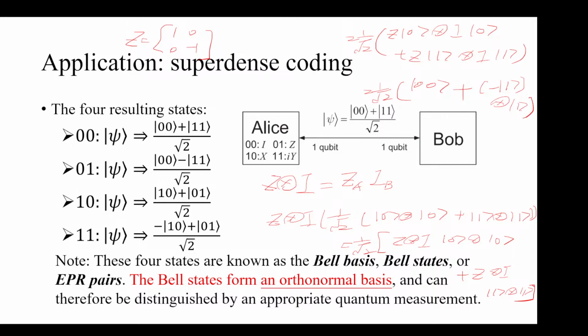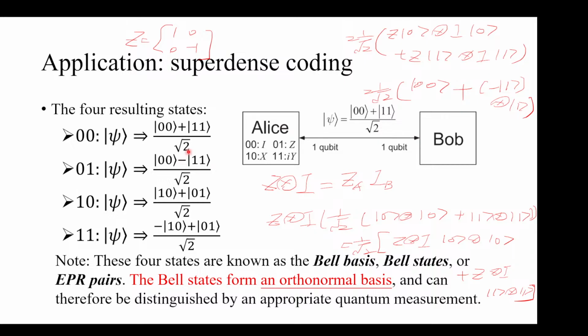And we know that in a tensor product, if you have a scalar, you can just put the scalar outside. So this whole thing is 1 over square root 2 times (0,0 minus 1,1), because the minus comes from this minus sign here.